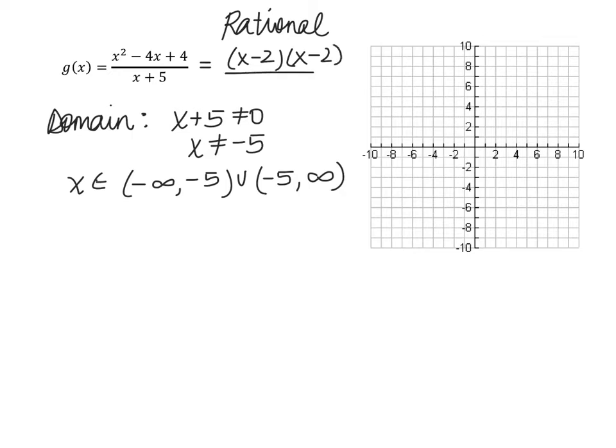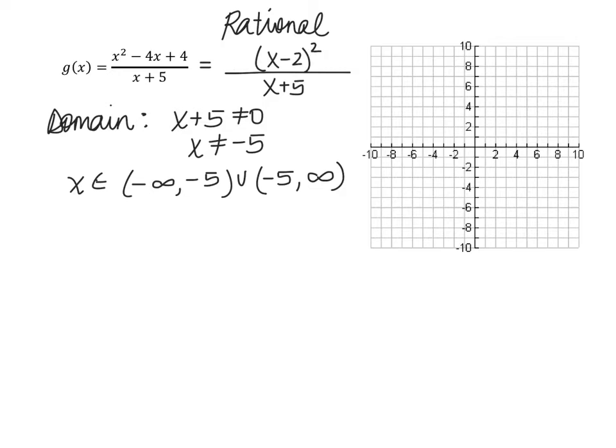The denominator, since it's linear, there's nothing to factor there, so that will just stay x plus 5. And then I'm actually going to rewrite the numerator, x minus 2 times x minus 2, as x minus 2 squared. I'll rewrite that just to make it a little more succinct as the quantity x minus 2 squared.